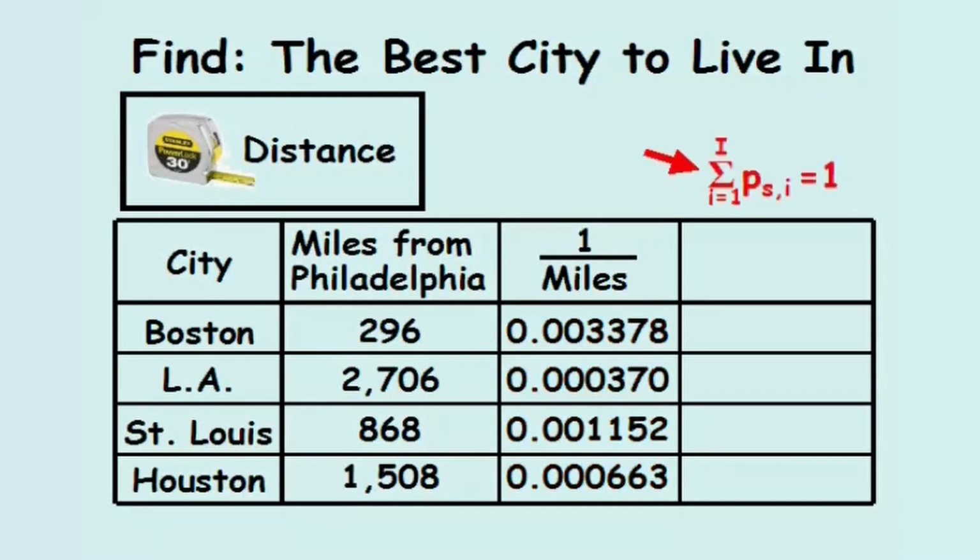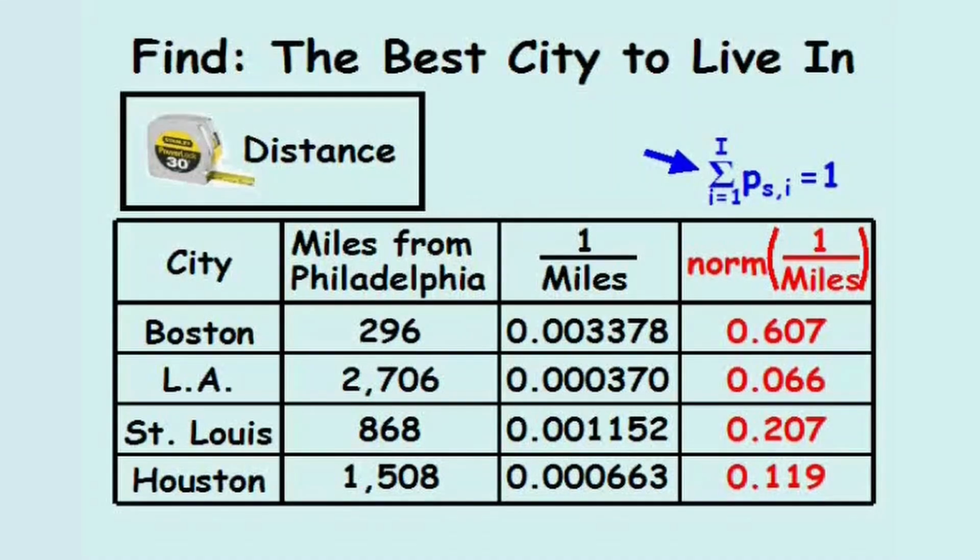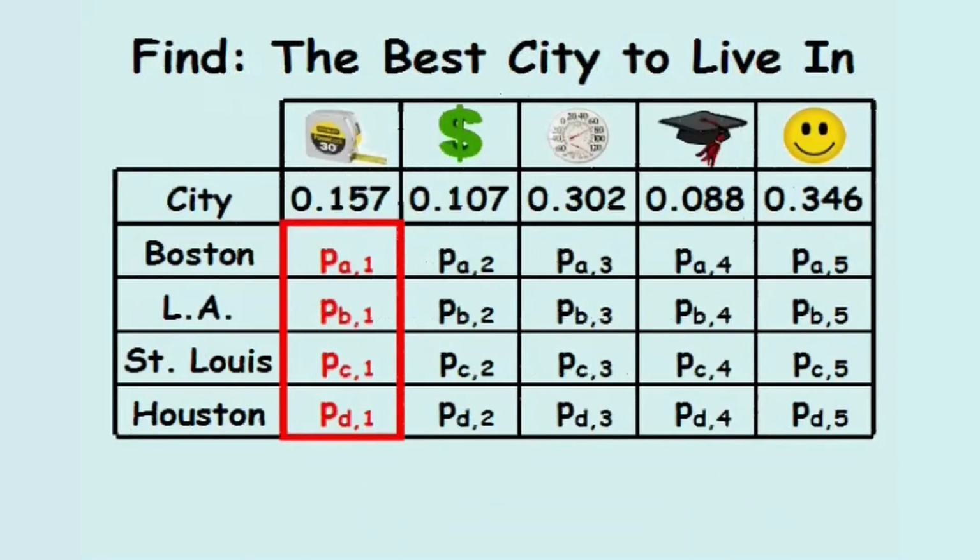Lastly, since the sum of the relative priorities for each criterion should sum to 1, the inverse distances are scaled appropriately. These relative priorities are then entered into the alternative comparison table for the distance criterion.